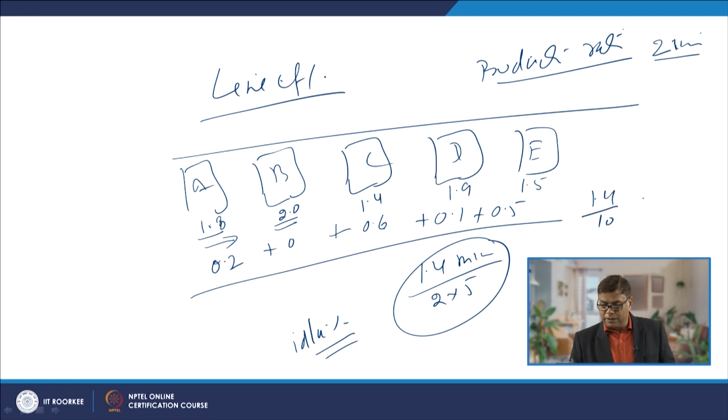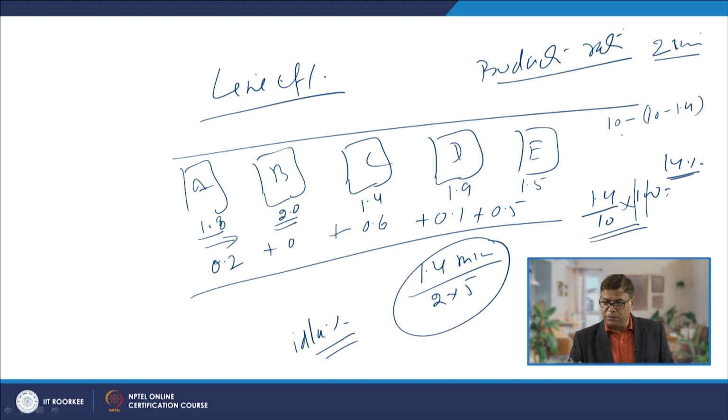So, 14% is the wastage time, and the time which is effectively utilized is the balance, that is 10 minutes minus 1.4 minutes.